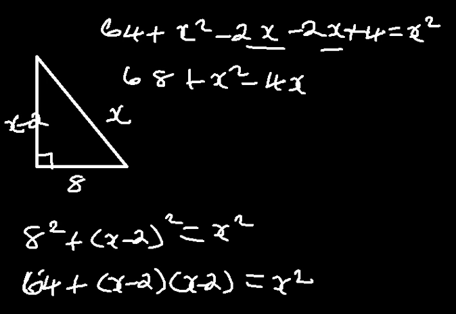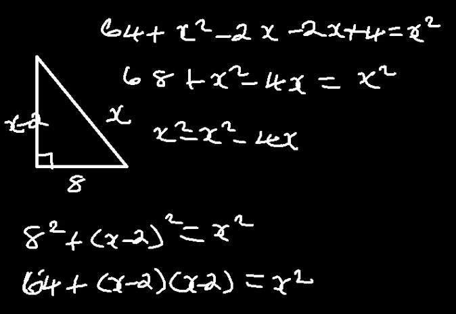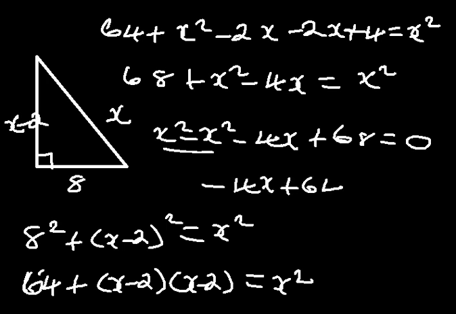These are the like terms, which is equal to x squared. And to bring this to the other side, that will be given as x squared minus x squared minus 4x plus 68 is equal to 0. This is 0, so we'll have negative 4x plus 68 is equal to 0.